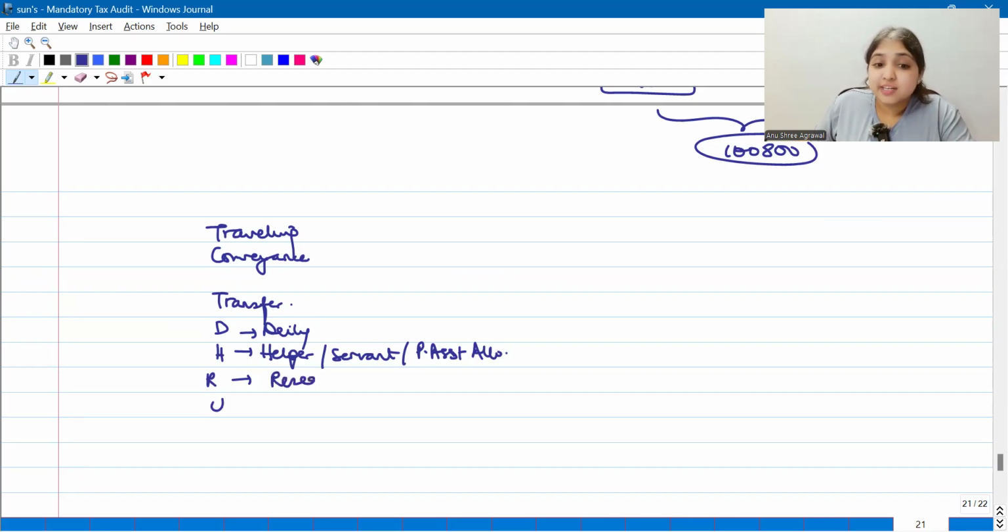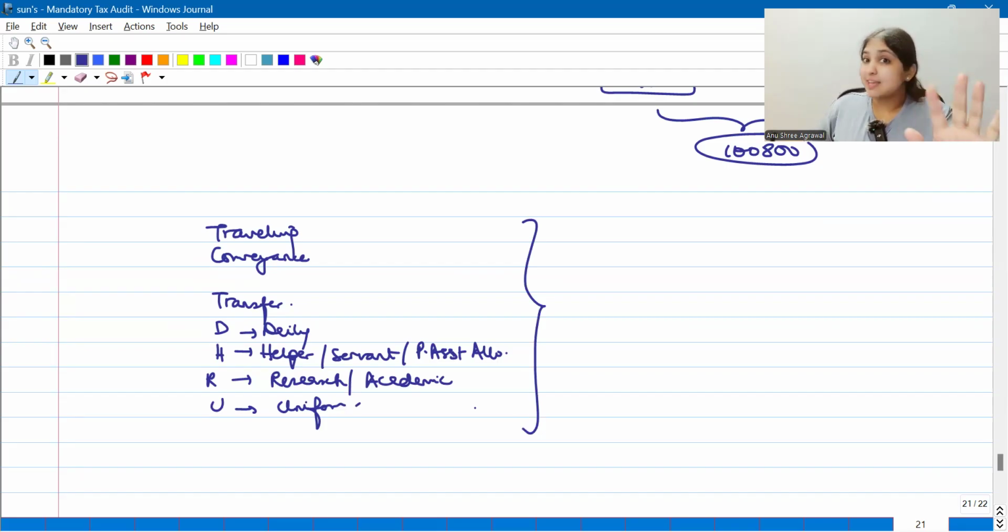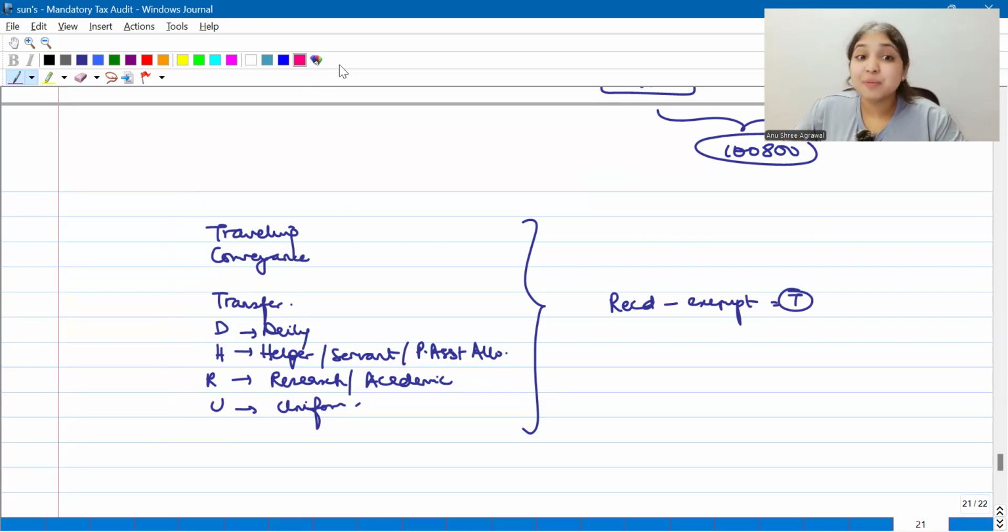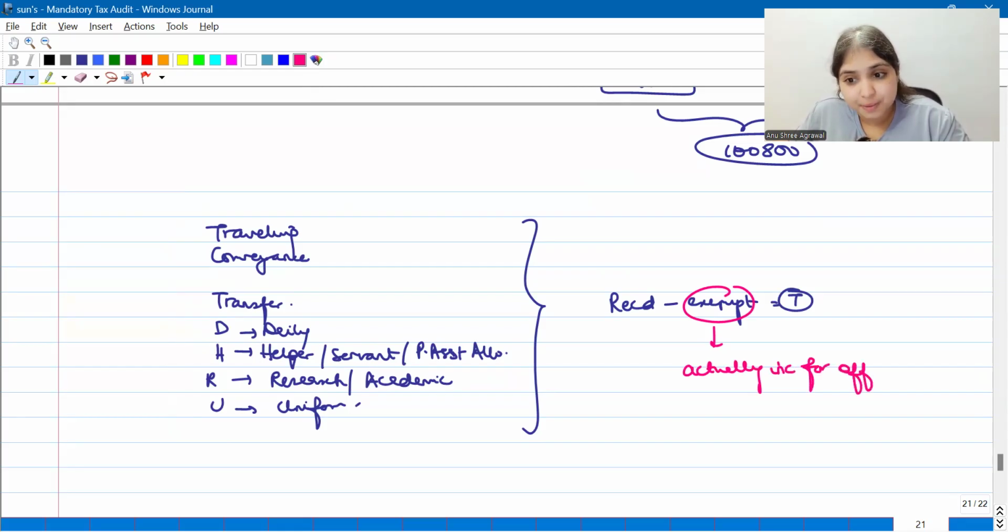R for research allowance, also called academic allowance, and U for uniform allowance. Now these allowances, totally 7, guys. So these 7 allowances, we'll see how much is received, how much is exempt, and the balance will be taxable. How much is going to be exempt? Whatever my assessee has actually incurred for official purposes, this is going to be exempt, guys.